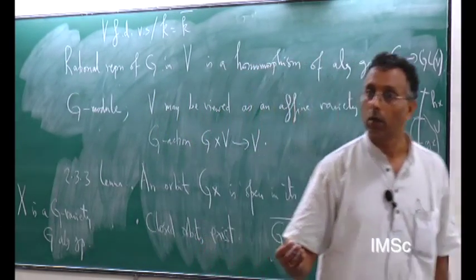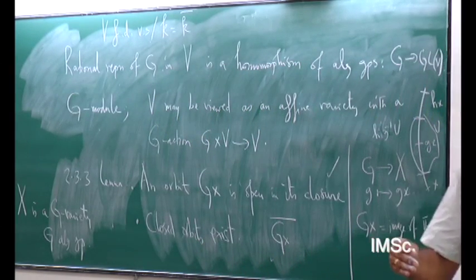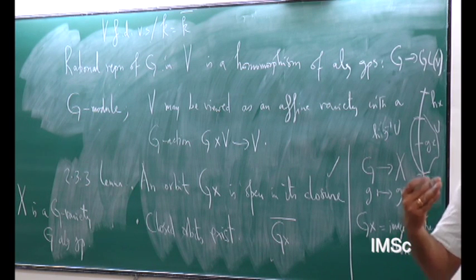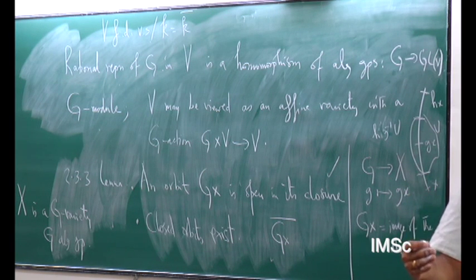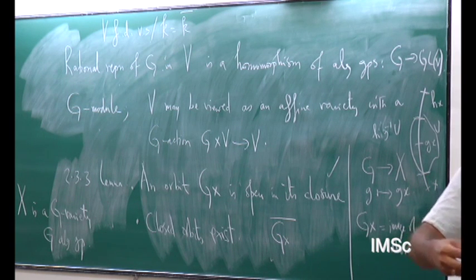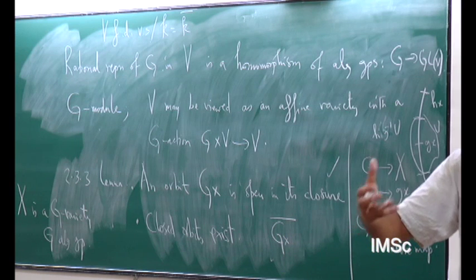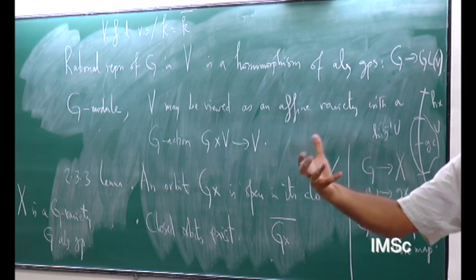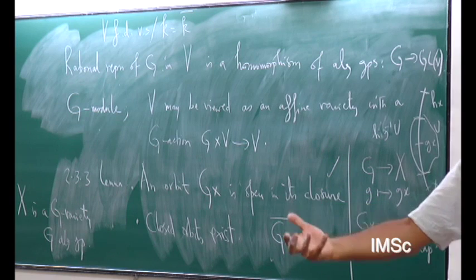That's also a G-variety. It's a G-invariant subspace, and G-invariant subsets are unions of orbits, correct? This is just arbitrary: if you have a set on which G is acting, a G-invariant subset is a union of orbits.